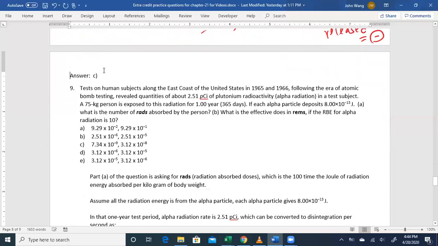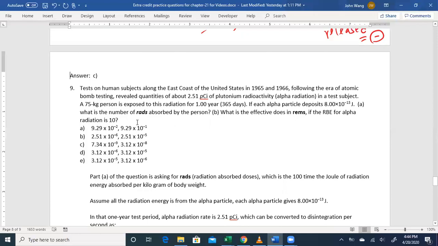Okay, so next question is about the test on human subjects along the east coast of the United States in 1965 to 1966, following the era of atomic bomb tests, revealed quantity of about 2.5 pico-Ci of plutonium radioactivity, which is alpha radiation in a test subject.